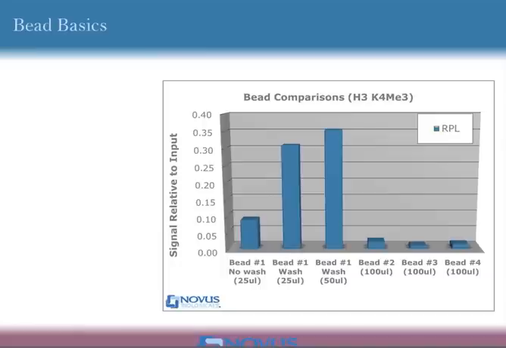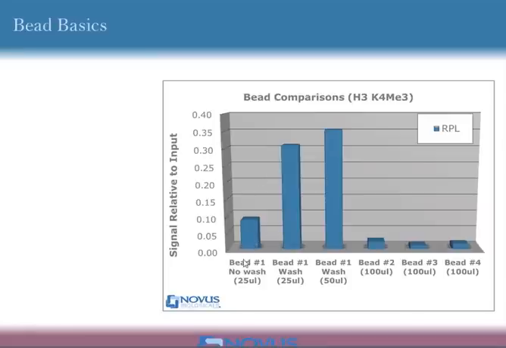So looking more at the beads here, I'm going to have a lot of these comparisons in the webinar today, where we actually took different components from different manufacturers and tested them to see how they compare. So with the first test here, we're looking at the same antibody, the K4me3, with that RPL30 primer set here that we were looking at before that amplified so well.